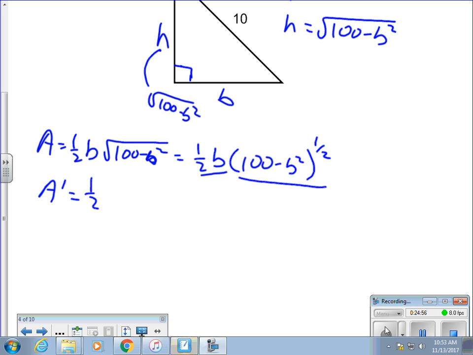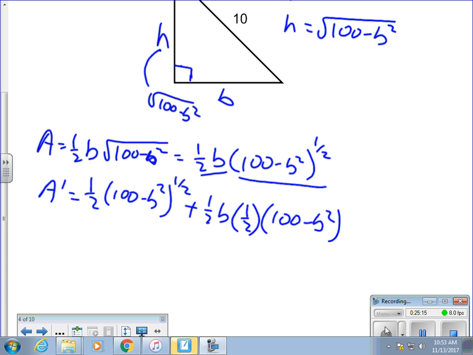So I have 1/2 times 100 minus b squared to the 1/2 power plus my first term, 1/2 b, times the derivative of my second term, which is 1/2 times 100 minus b squared to the negative 1/2 times negative 2b.